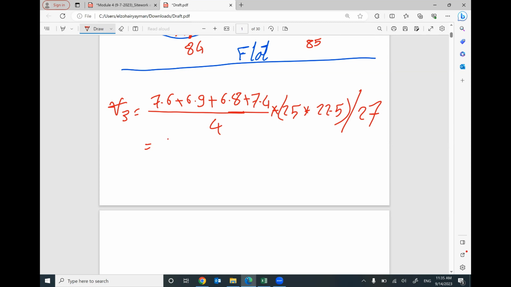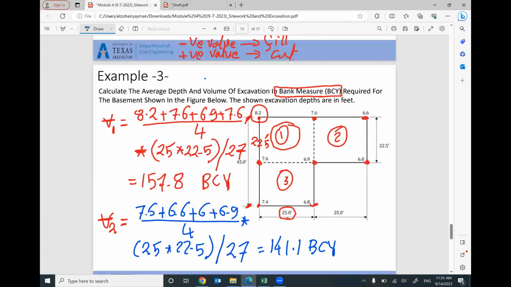I got 149.5 bank cubic yard. We don't have more cells. We have only 3, so I am done.